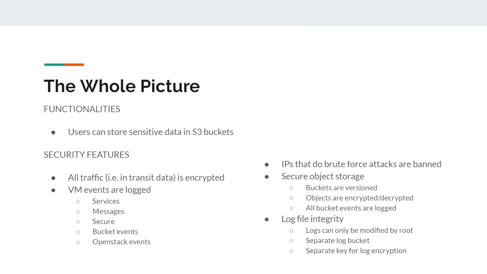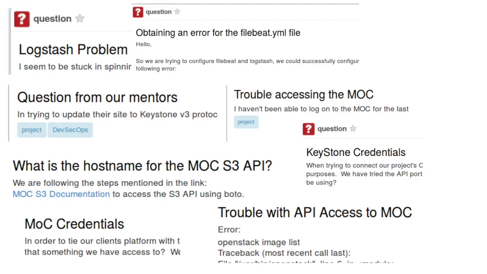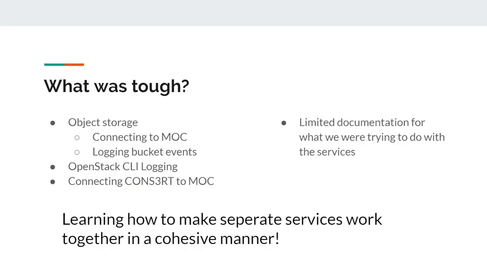And now, with all that being said, let's talk about our experience with this project. This sort of summarizes a good issue of what we've had to deal with, and let's move on to what was tough. Object storage was initially tough: connecting to the MOC, figuring out what sort of S3 version, figuring out it was Ceph versus Amazon, and logging bucket events as well. OpenStack CLI logging also turned out to be an issue.